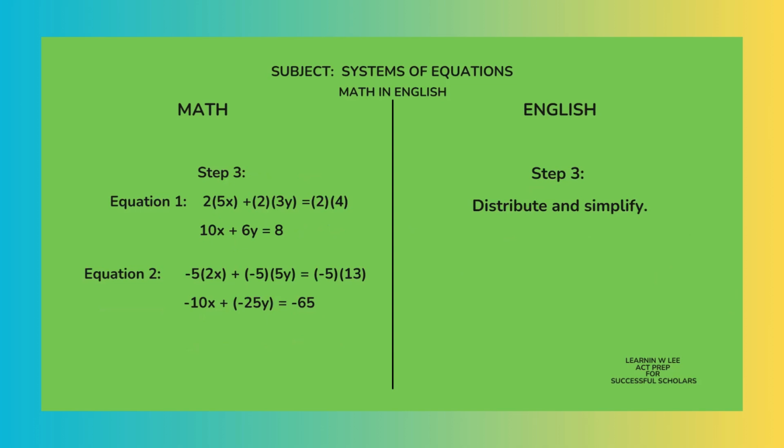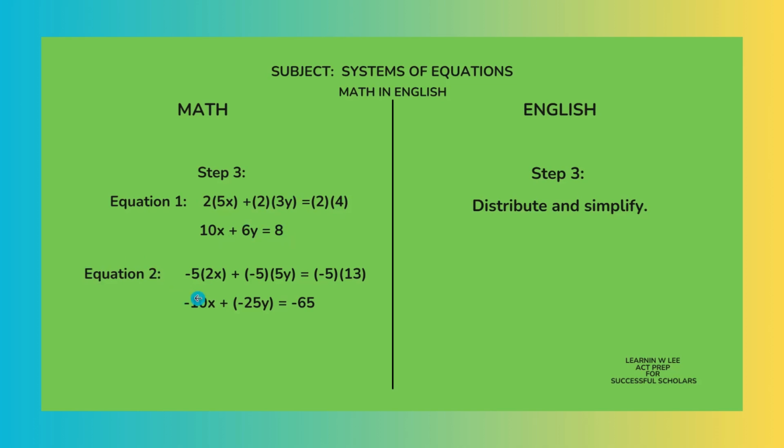After we distribute and simplify, 2 times 5x is 10x, 2 times 3y is 6y, 2 times 4 is 8. This is our new equation 1 after we've simplified it and multiplied the entire equation by a positive 2.